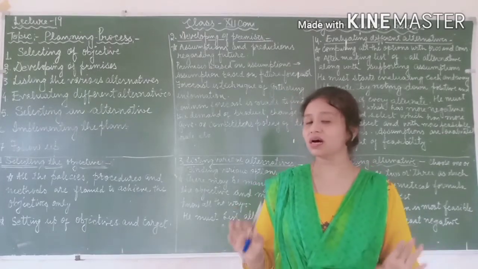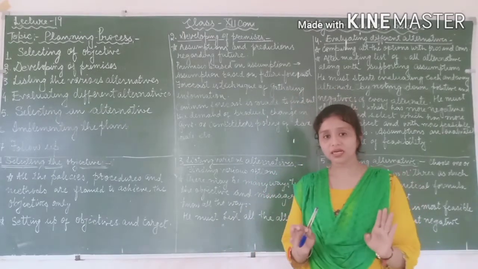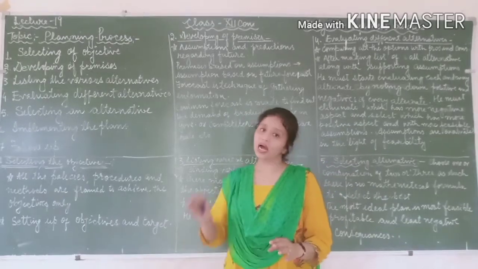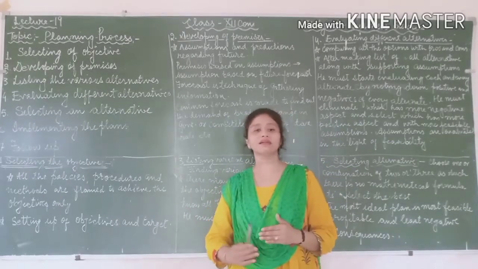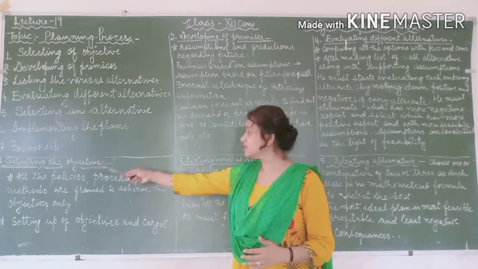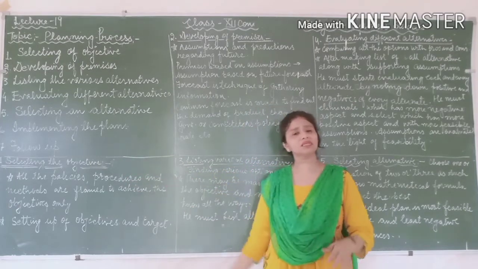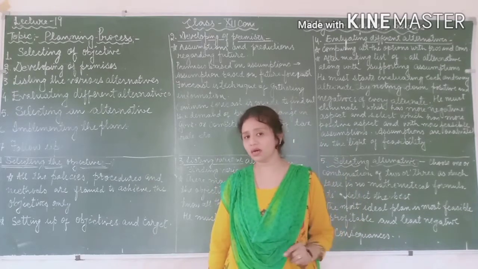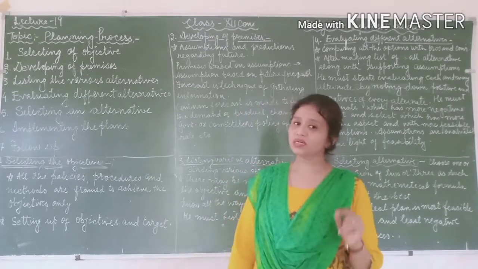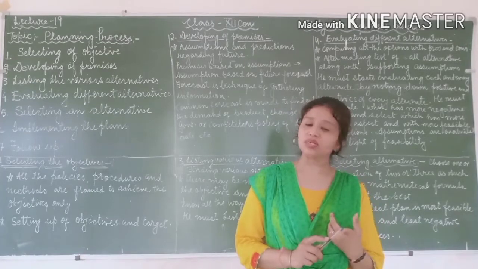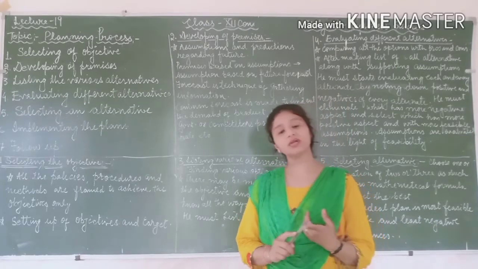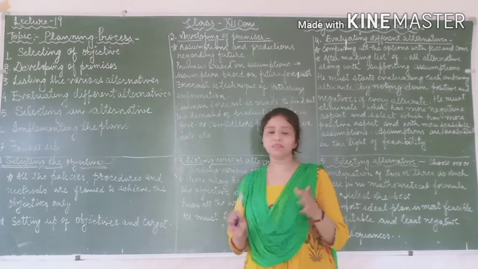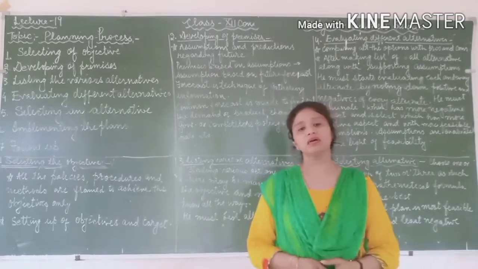So you have to find out the goals and objective of the company, and after that you can proceed with anything else. Policy, procedure and methods are only useful if you have an objective and a goal of the company. So it is very important to first make a framework for making the objectives, and objectives are based on the goals of the company.